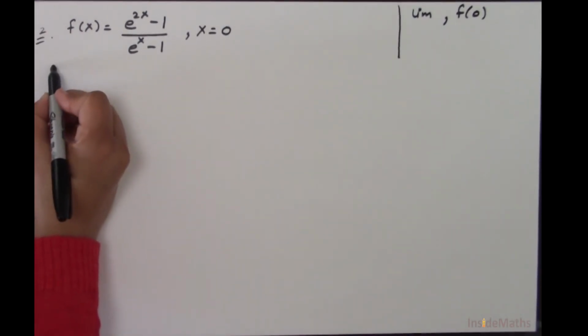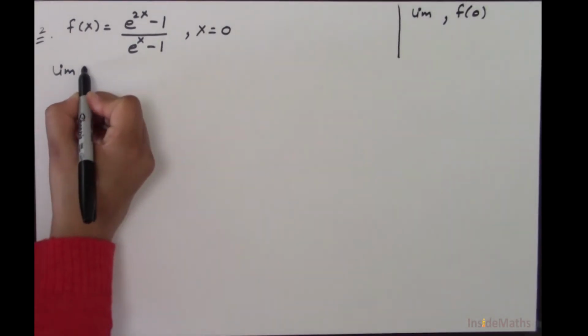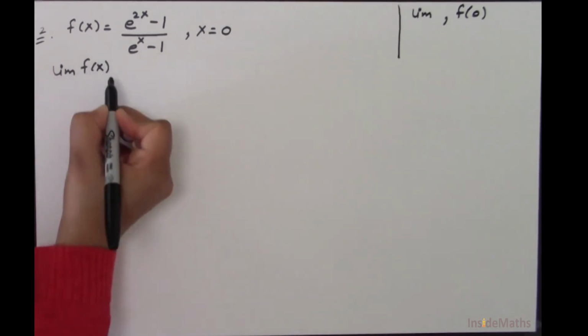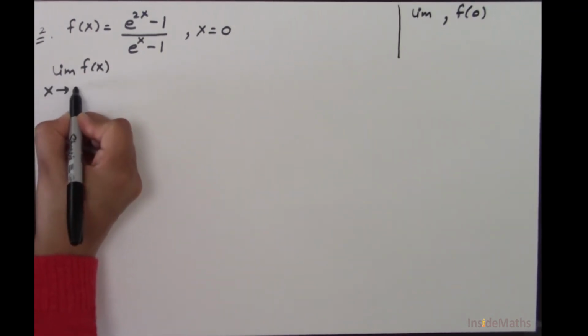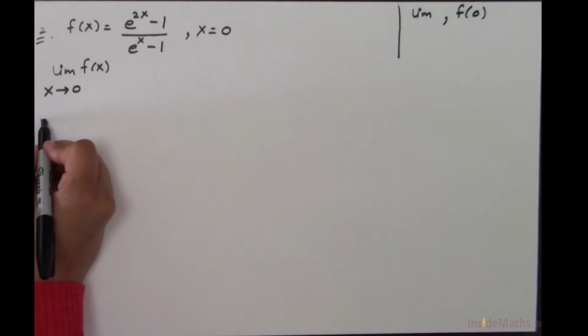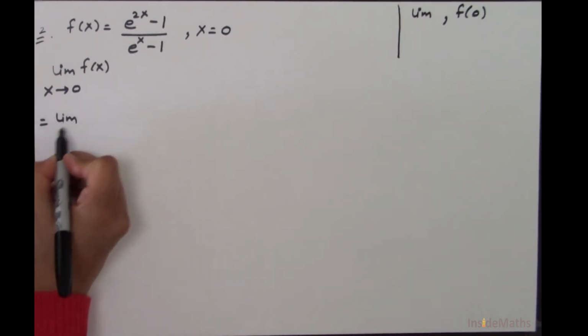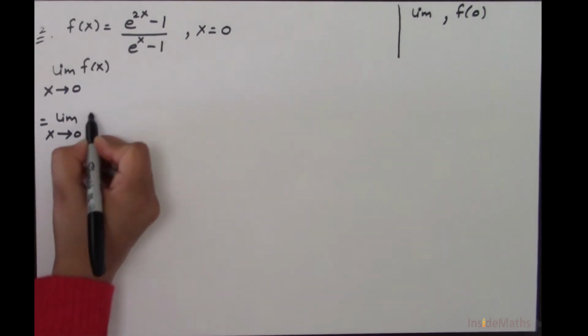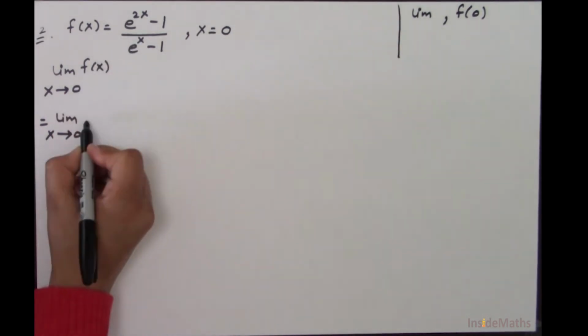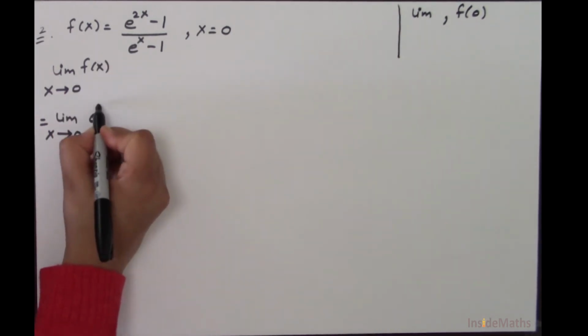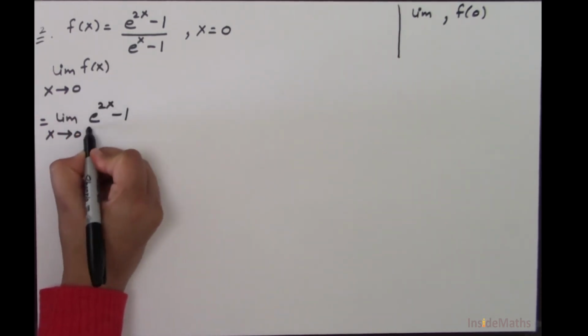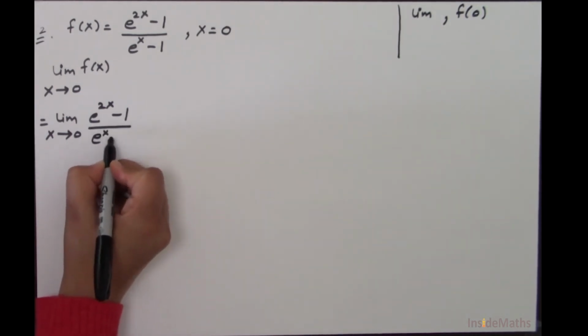So first I'll find the limit, that is limit of the function f of x when x is approaching 0. Limit x approaches 0, I'll just put the value of the function. That means e raised to power 2x minus 1 divided by e raised to power x minus 1.